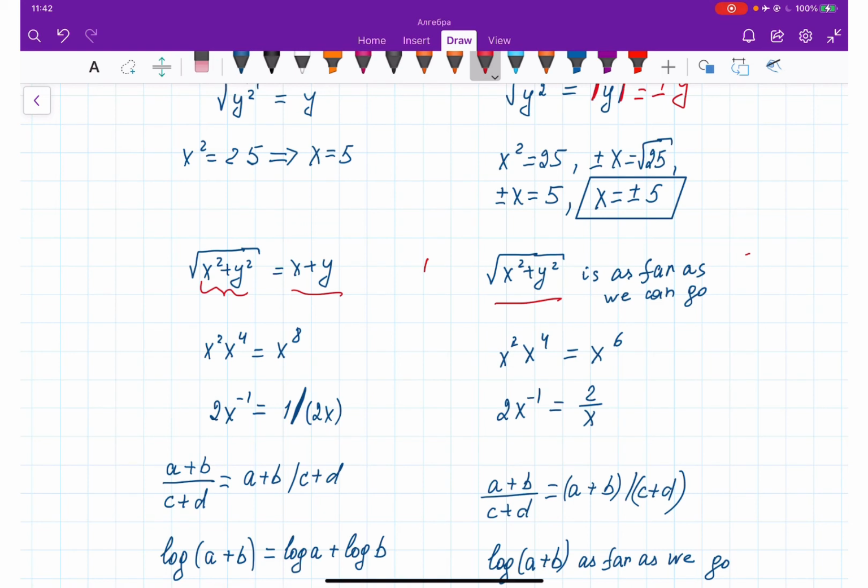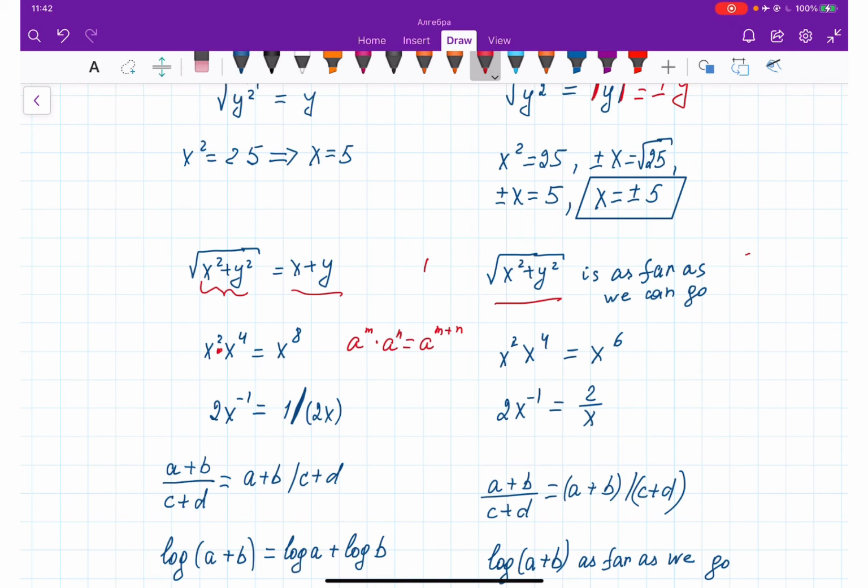Another example of a common mistake, x squared times x to the 4. Some people mistakenly multiply the exponents. It is wrong because when we multiply, a to power m times a to power n is equal a to power m plus n, which is going to be x to power 6.